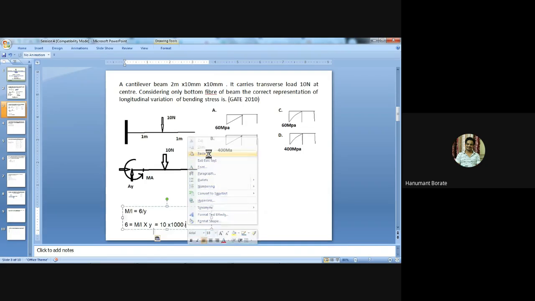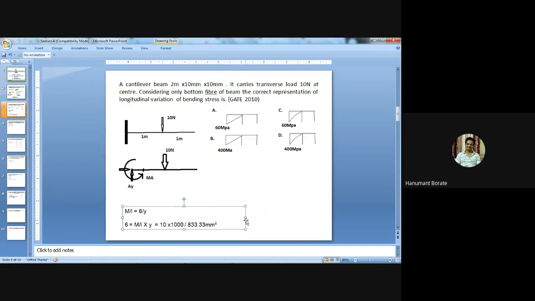I will put the value here. And the value of y is again 5.